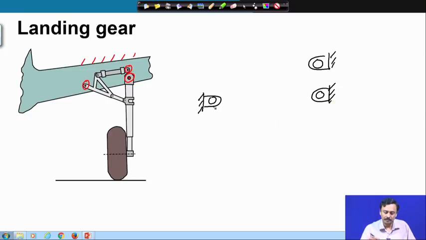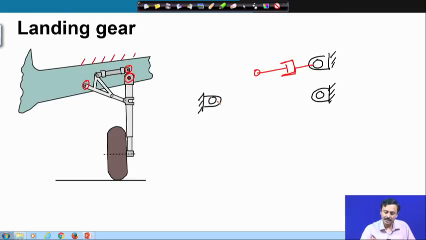Now, to this ground hinge we have an actuator. Now, actuator is a prismatic pair, a powered prismatic pair, which we are going to represent like this. This is a prismatic pair, a powered prismatic pair. So, we are going to represent this like this, will be our convention.